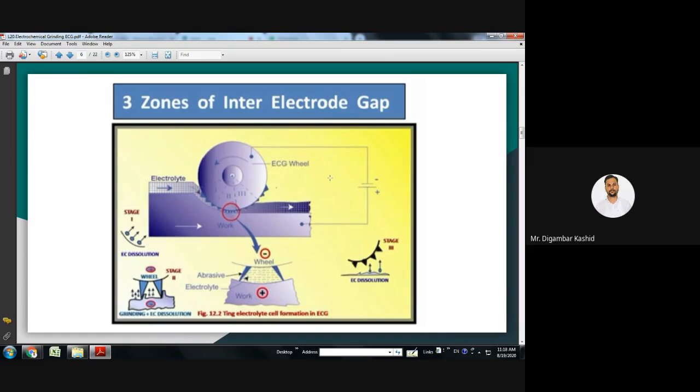So please draw this. All of you please draw this diagram.